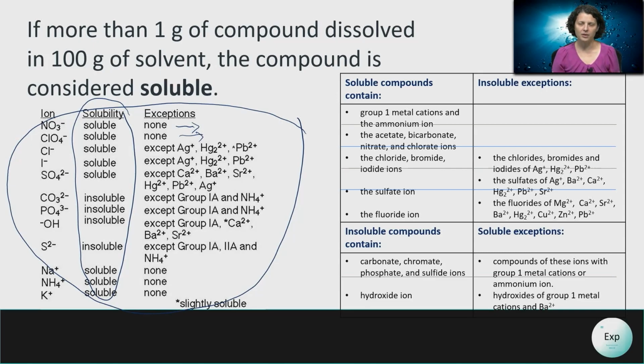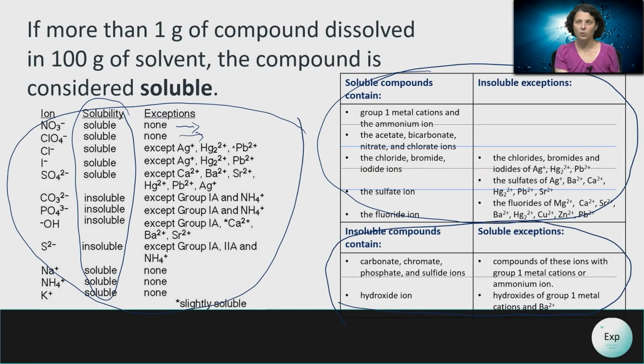The most common, though, is where we have this two-sided table, one for the soluble compounds with exceptions, and one for the instances where the compounds containing these ions are going to be insoluble with some exceptions, and these exceptions then go back to some of the things on our soluble list.